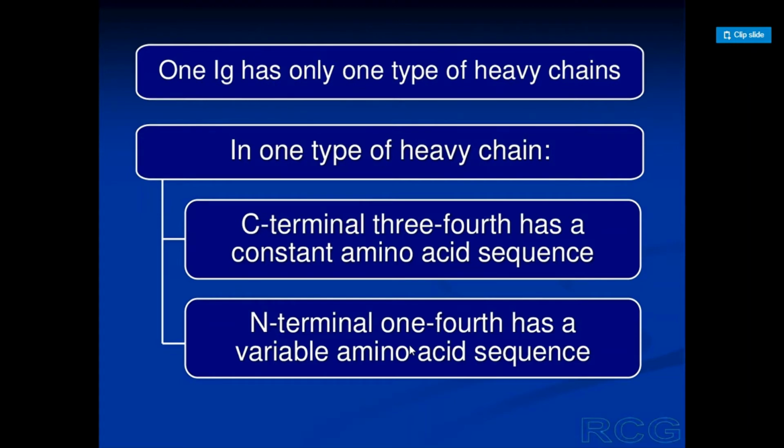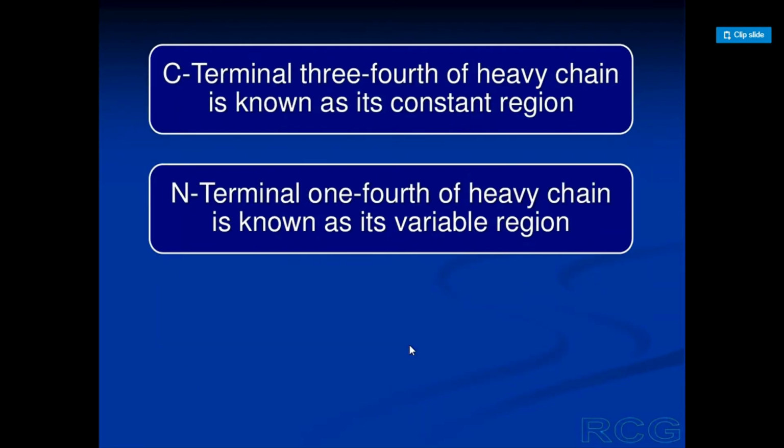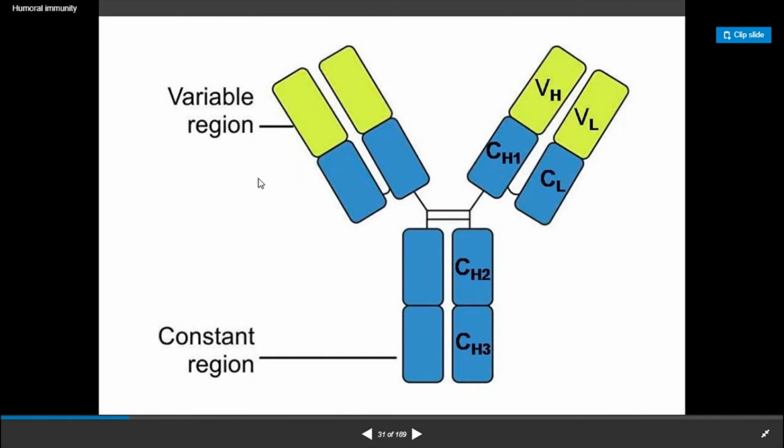In the heavy chain, the C-terminal 3/4 has a constant amino acid sequence, whereas the N-terminal 1/4 has a variable amino acid sequence. The C-terminal 3/4 of the heavy chain is known as its constant region, whereas the N-terminal 1/4 is known as its variable region. Here we can see the variable regions and the constant regions, denoted by V and C.